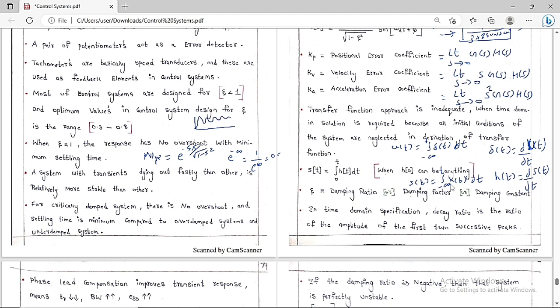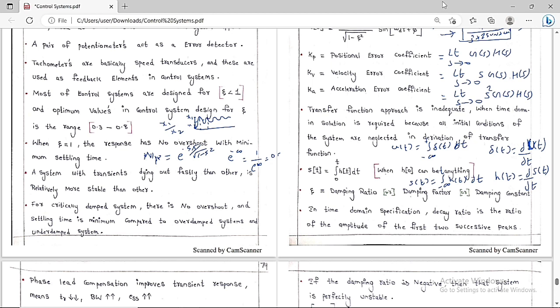These two peak values, we are going to take the ratio. Let me assume this is x1 and this is x2. So this peak value by this peak value, the ratio, is called the decay ratio. So x1 by x2 is called the decay ratio.